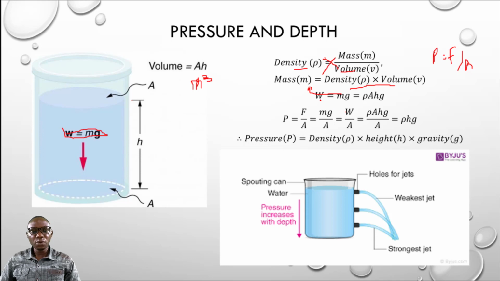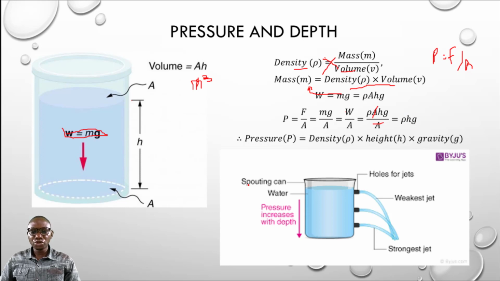We have determined the weight of the fluid to be density, volume, and gravity, where volume is area multiplied by height. Now, the area is common to both, so you cross it out. So the pressure that this fluid exerts on the surface of this container is equal to density multiplied by height multiplied by gravity.